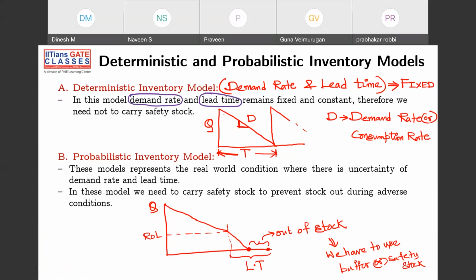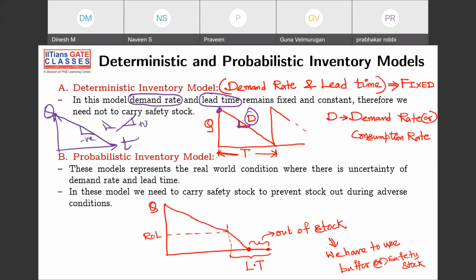In the sense, this is my demand rate. So now what I'm saying is that if this is time t and this is quantity q, the rate at which we are consuming, the slope, is negative, right? This is positive slope, and this is negative slope. So the rate at which we are consuming is a negative slope, it is reducing, right?